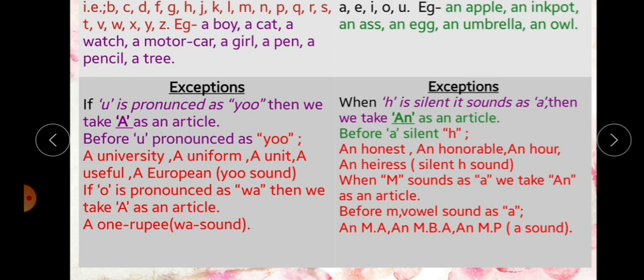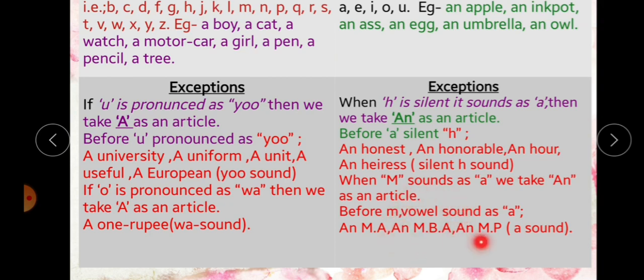Again when I'm speaking MBA, the sound of e comes first. So instead of putting a as an article, because over here M is a consonant, we will not look for this consonant, we will look for the sound, and that sound is of a vowel. So we will place an as an article.